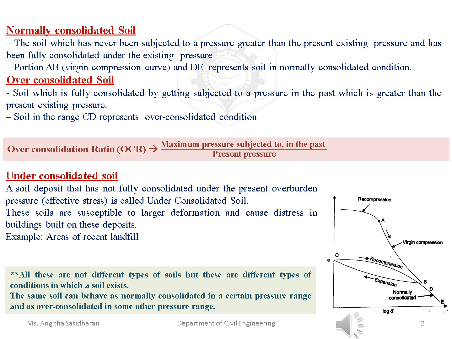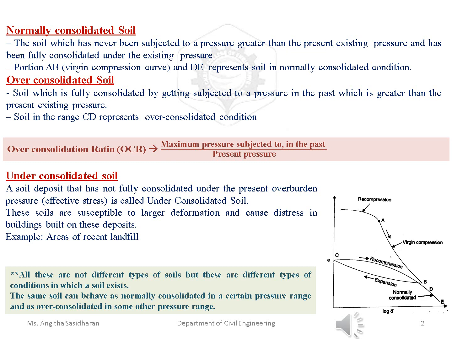Areas of recent landfill that we have done recently are a very good example of under-consolidated soil. That deposit is not fully consolidated under the present overburden pressure. So all these are not different types of soil, but different conditions in which a soil exists.